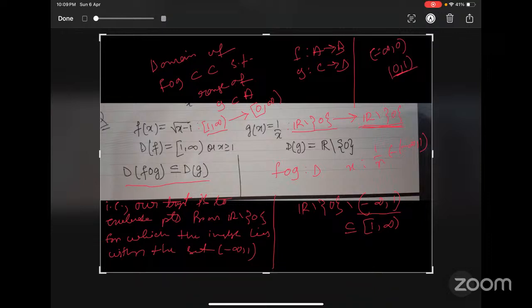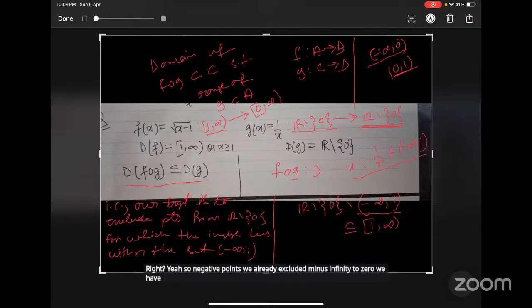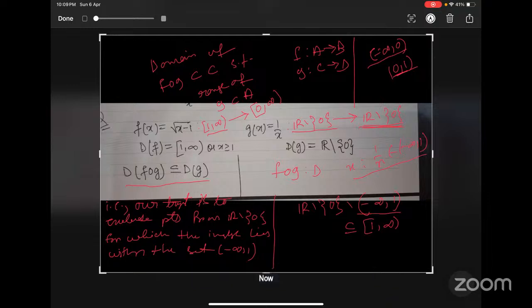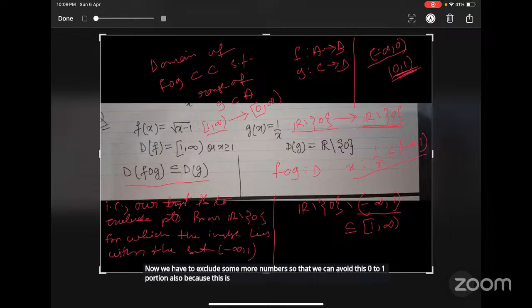Yes, ma'am. So negative points we already excluded. Minus infinity to 0 we have to exclude. Now we have to exclude some more numbers so that we can avoid this 0 to 1 portion also, because this is obviously not inside the domain of f, right?